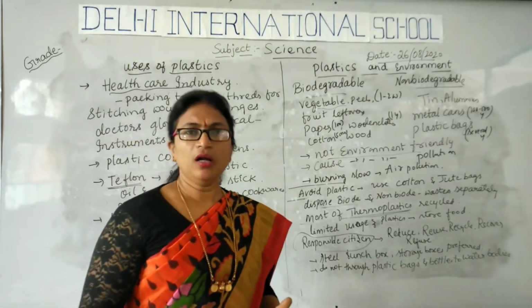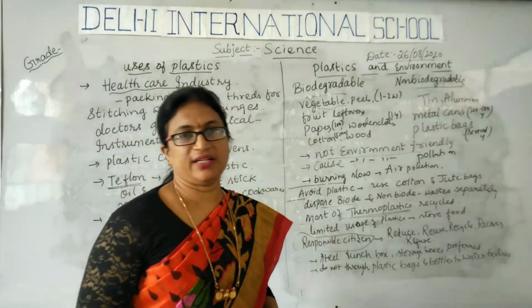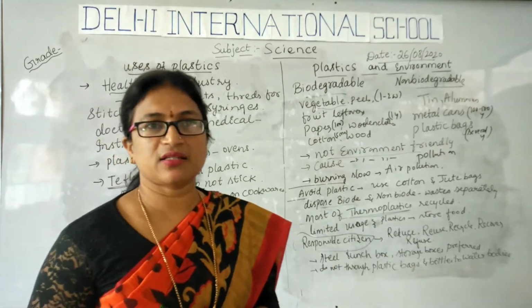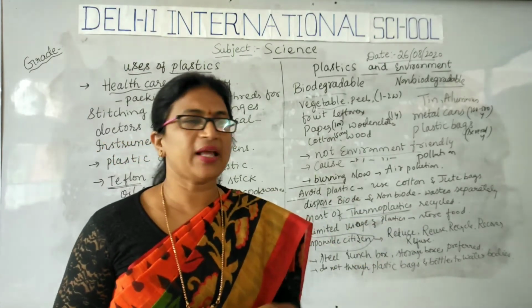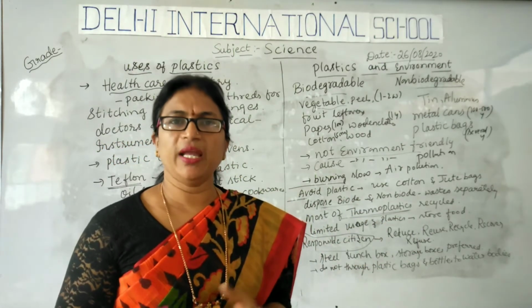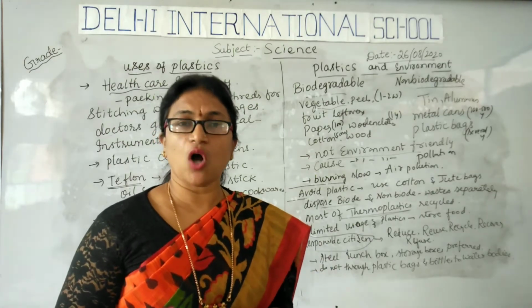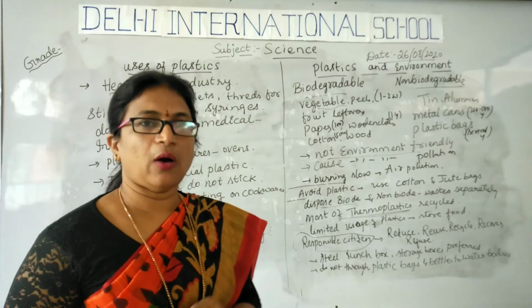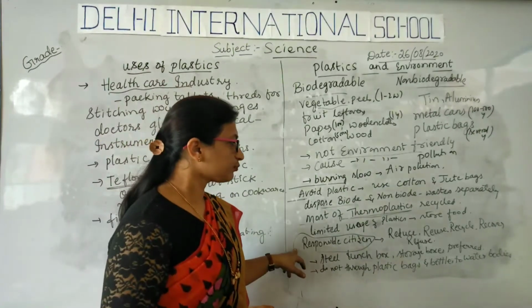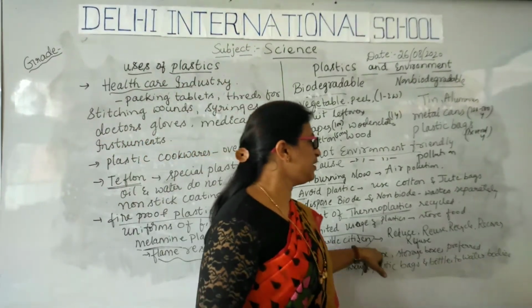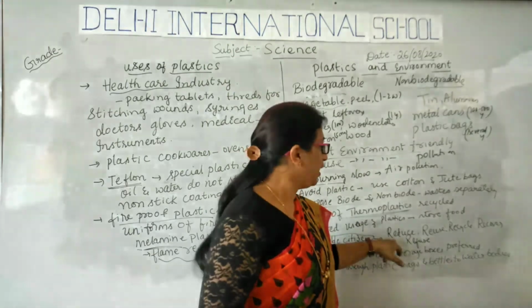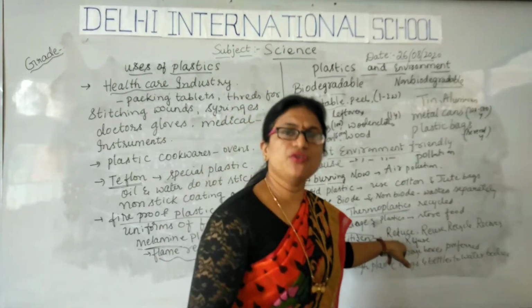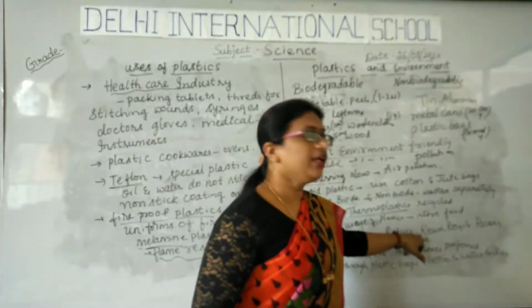So at our home itself, we should avoid the plastic lunch box, isn't it? Plastic water bottles. You make use of steel or copper water bottles or lunch boxes. So avoid plastic. By being responsible citizens, we should follow this. We should reduce the use of plastic. We reuse.